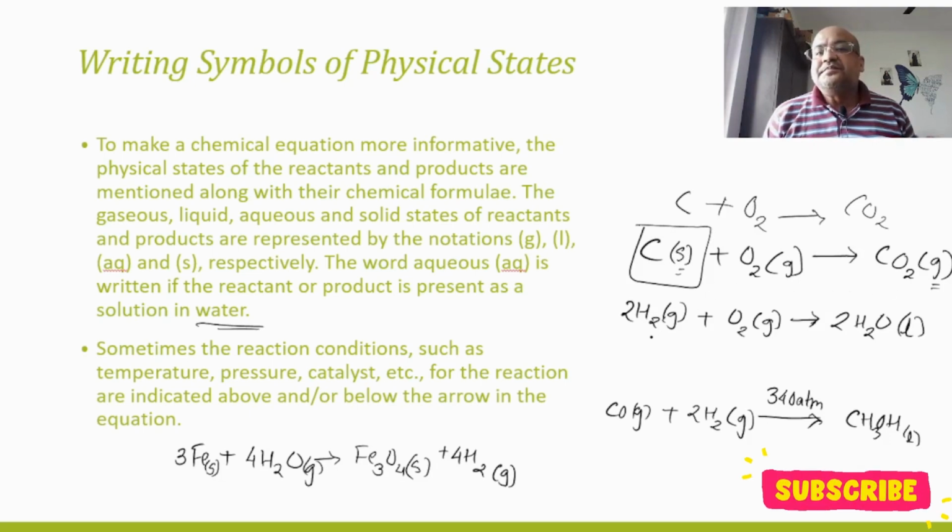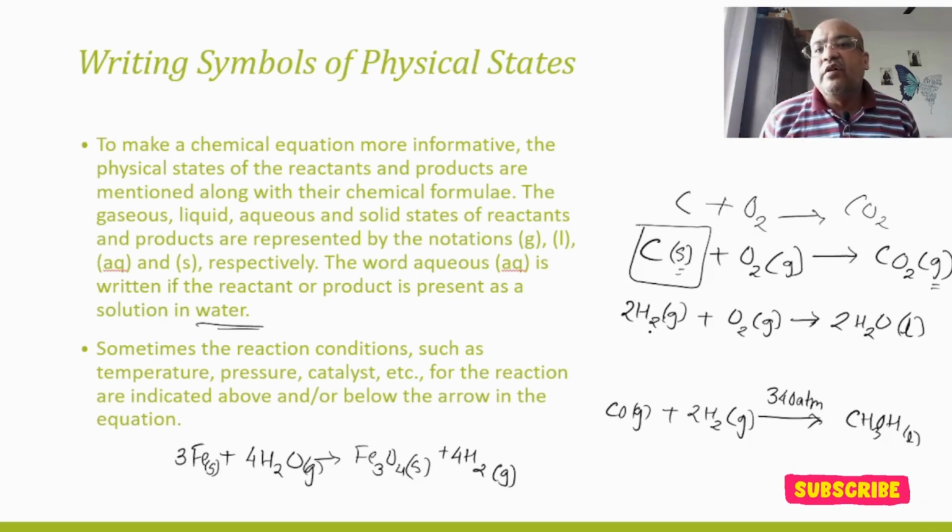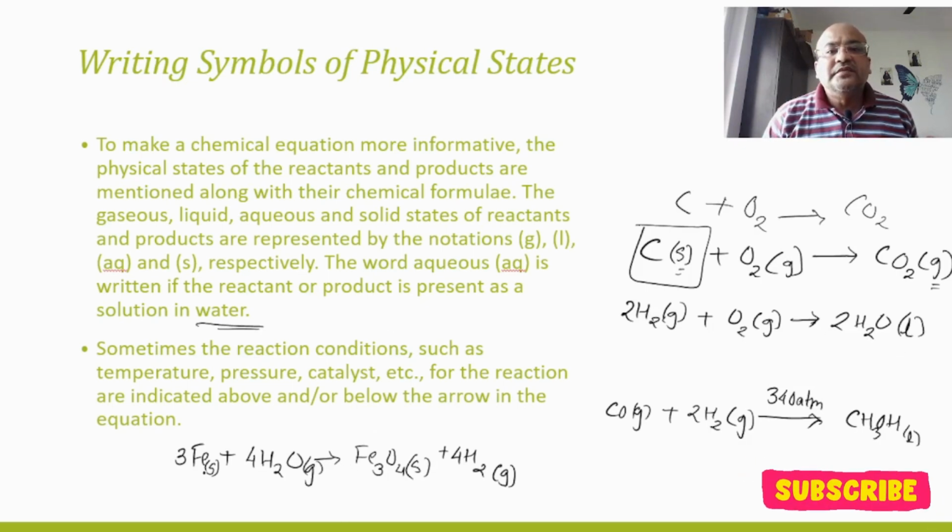Now take the example of hydrogen combining with oxygen to give me water. Hydrogen is in gaseous state, oxygen is in gaseous state, and water which is formed is in liquid state. Now let us take the example of iron reacting with water.